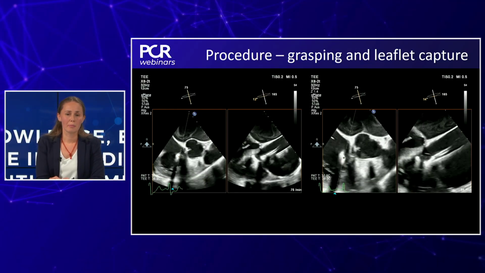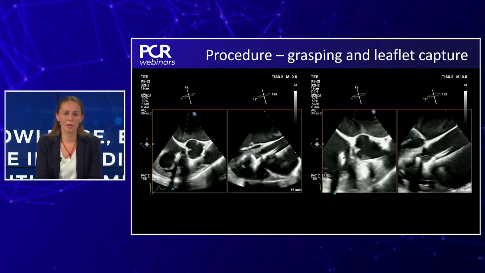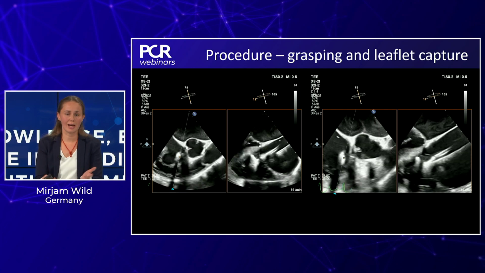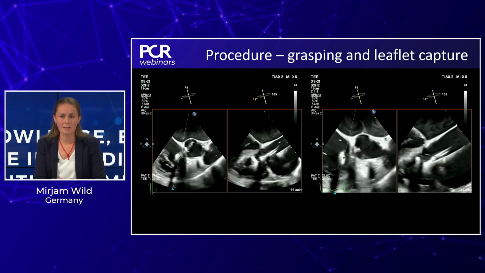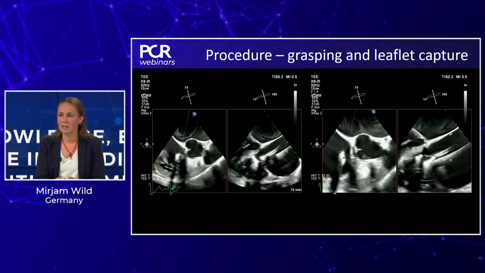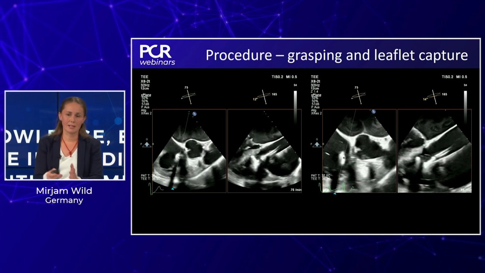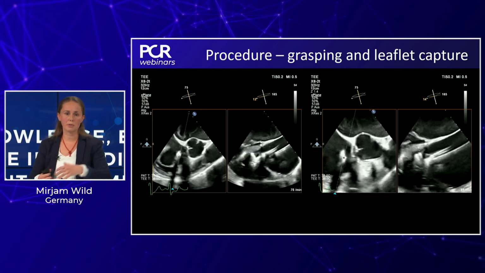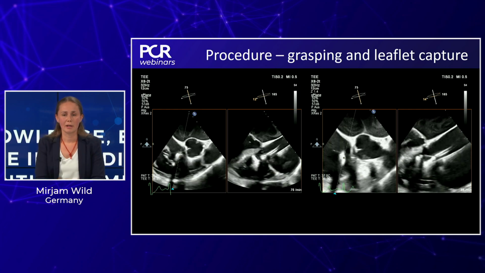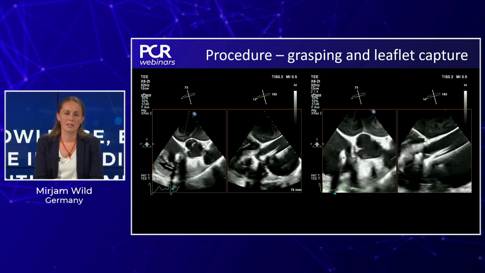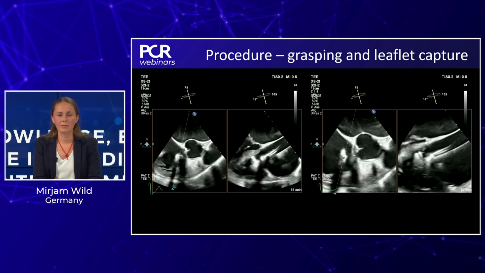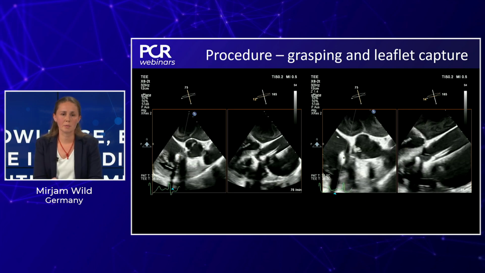Yeah, thank you very much. So we will just quickly go back to the case, and I will show you the procedure. As you pointed out, we would always start in an anteroseptal position in the majority of cases. Also due to the imaging, if you plan to go for an anteroseptal or a Clover technique strategy, you start with the anteroseptal device. This is what you see here, the leaflet grasping and capture in this position.